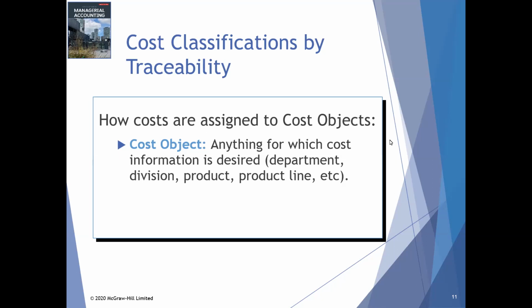Look at this. Every decision involves a choice from among at least two alternatives. So only those costs and benefits that differ between alternatives, meaning differential costs and benefits, are relevant in the decision. All other costs and benefits can and should be ignored. It means relevant cost.